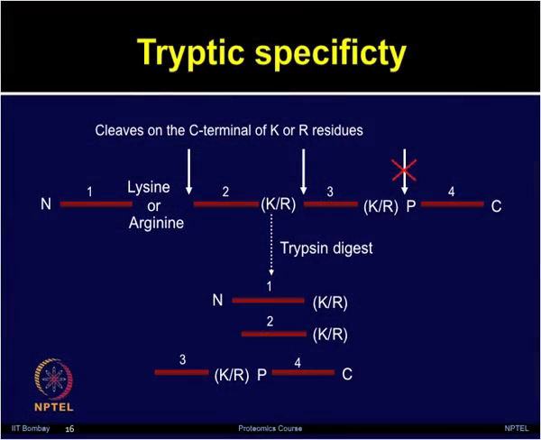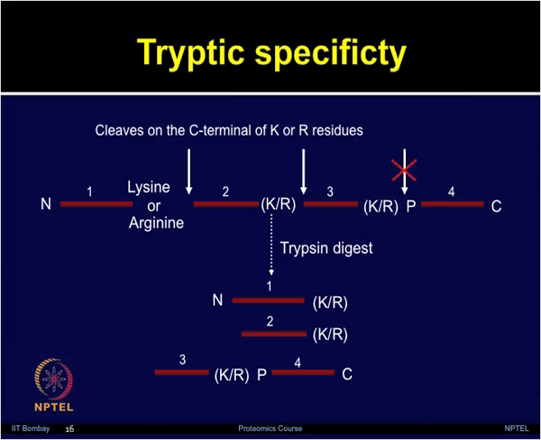Enzymatic digestion is performed with various enzymes, but typically with trypsin, which cleaves at the C-terminal of lysine and arginine residues, but exceptions can occur with proline. If proline is present, then that breakage will not happen.